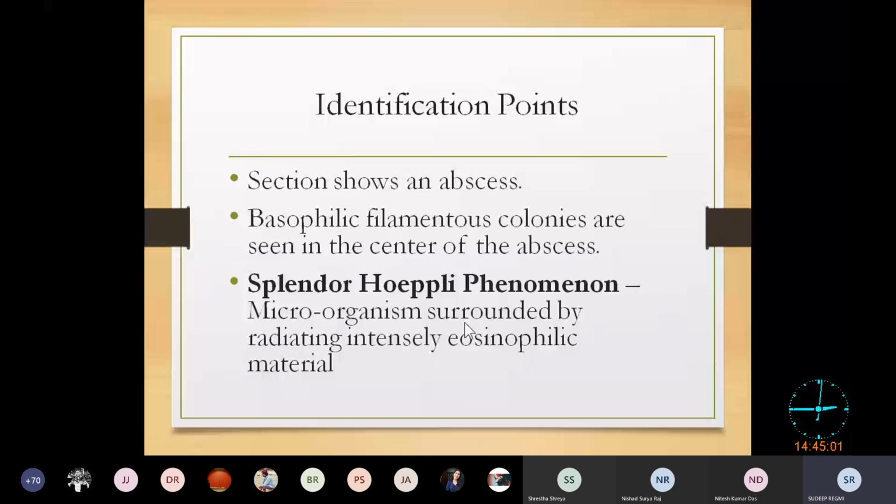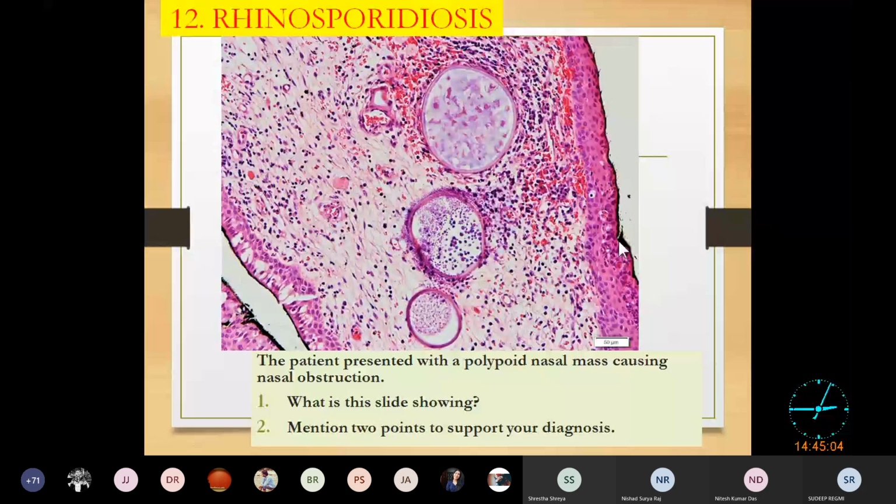Okay, the 12th slide. Describe this. So it is a section of rhinosporidiosis. Okay, rhinosporidiosis.